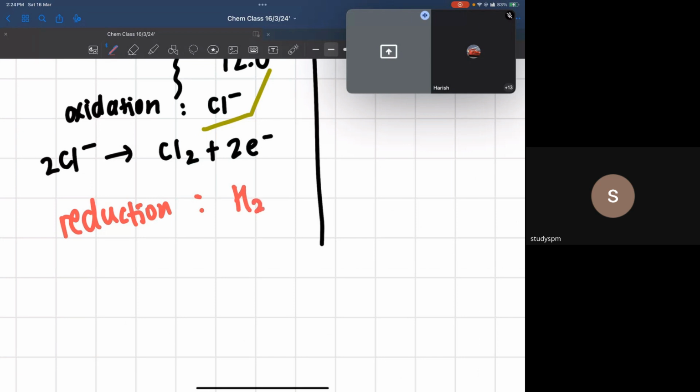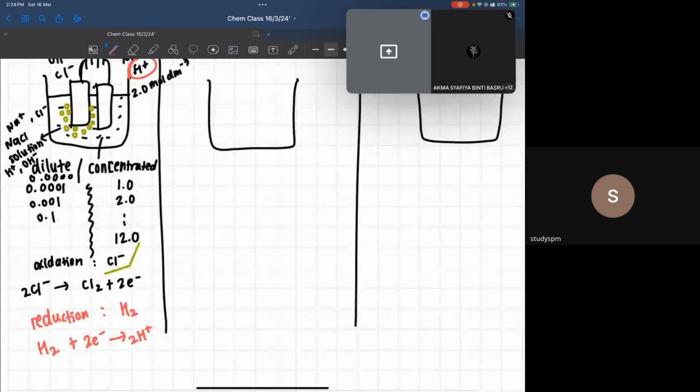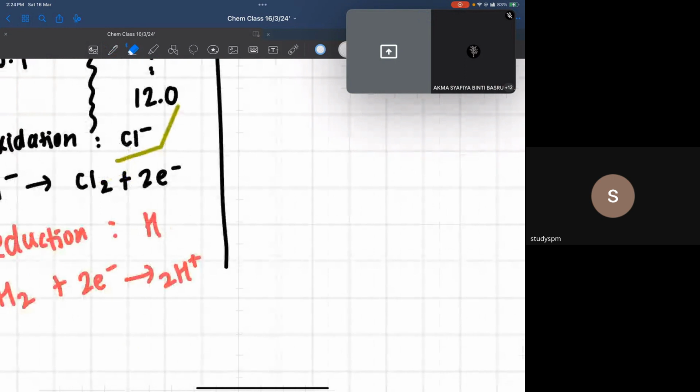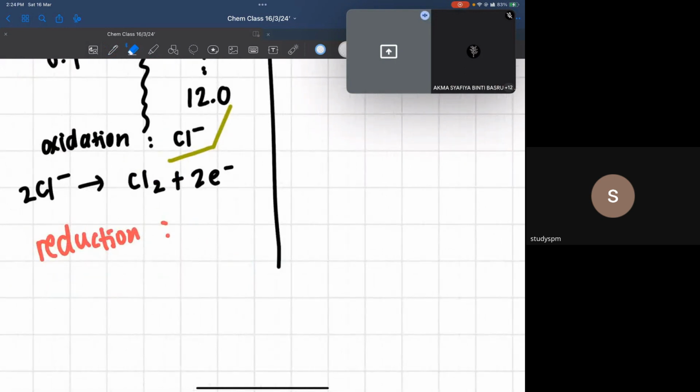This hydrogen ion will accept electrons, because reduction gives the product. Okay? That's it. Easy, right? Yep, this one is ion, not gas, sorry. Ion. So, okay, produce this one.